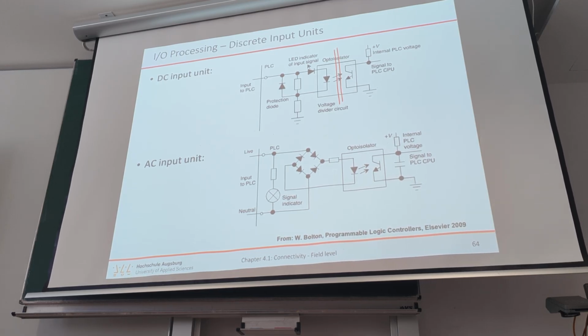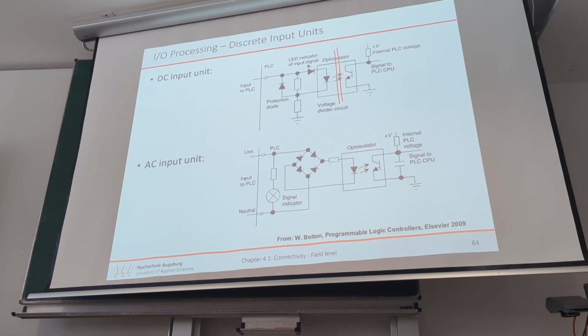Behind the opto isolation they usually use something called a Schmitt trigger. Maybe you've heard of that. It's like a trigger that has a hysteresis.